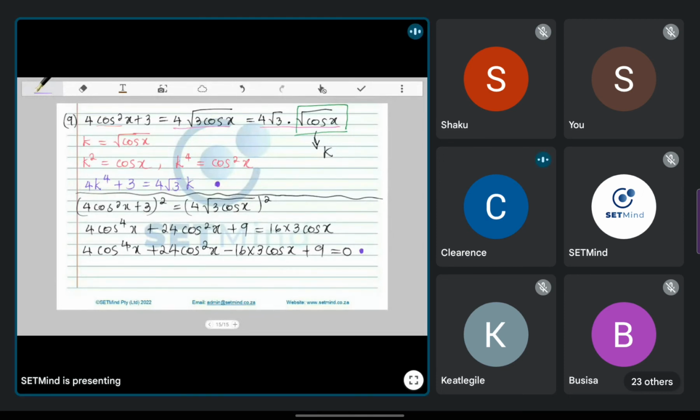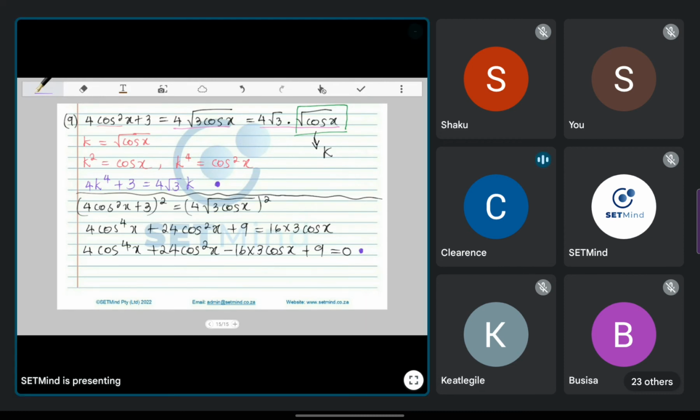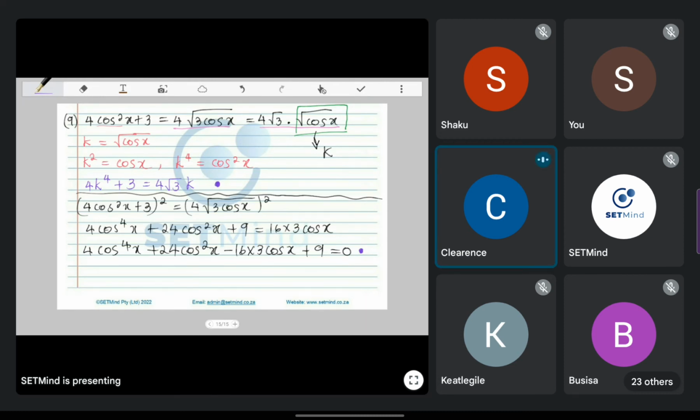Can you please repeat? Okay, what I'm saying is, the equation is 4 cos squared x plus 3 equal to 4 square root of 3 cos x. Then we take the 4 square root of 3 cos x to the other side, and it becomes negative. Then we expand the square root, and then we solve.